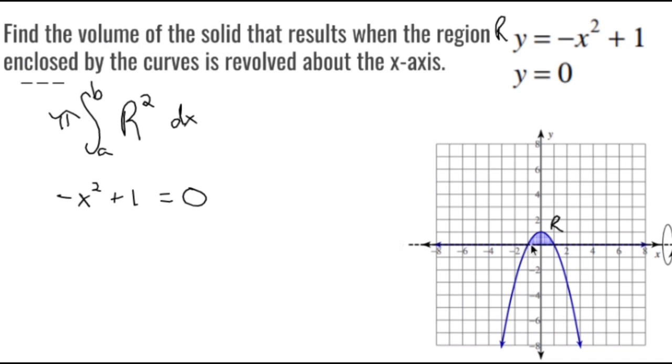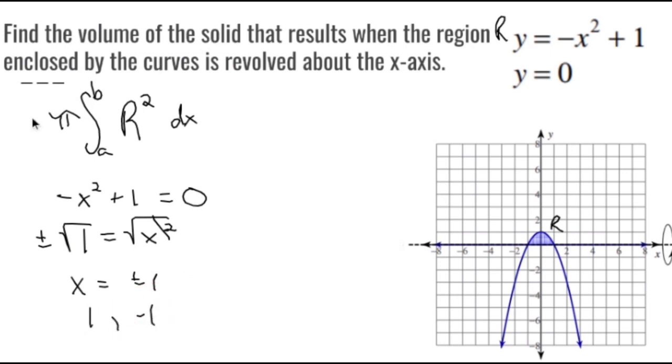Since these numbers could be not friendly in the future, I'm just going to do it this way anyway. So I'm going to add x squared to both sides. I'm going to square root both sides. Don't forget your plus or negative. And that gives me x is equal to positive or negative 1. So my limits of integration are positive 1 and negative 1.